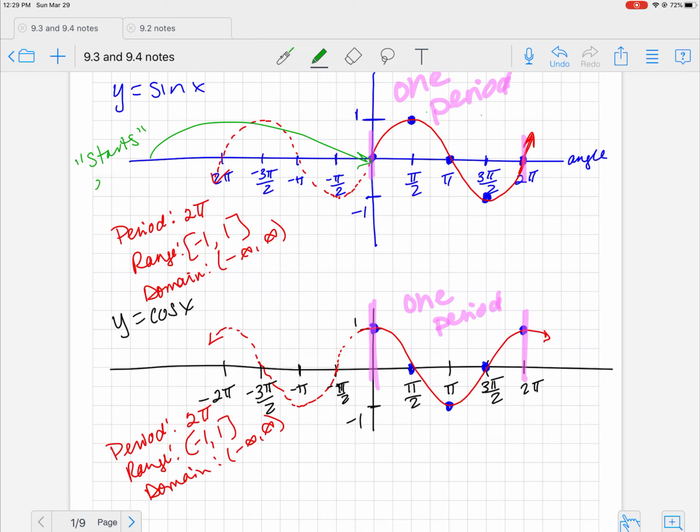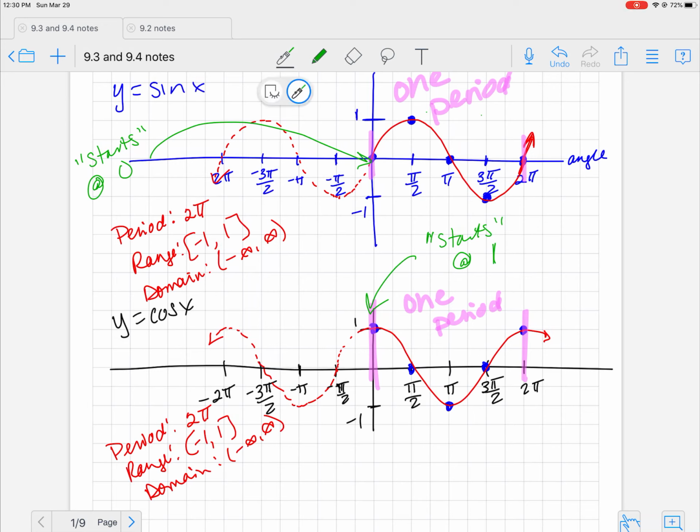However, take a look what's happening here at sine. Sine, and I'm going to put quotes around this because it's periodic, goes on forever, right? Starts at 0. Where cosine, if we're looking right here at cosine, cosine starts at 1. And that's the big difference.